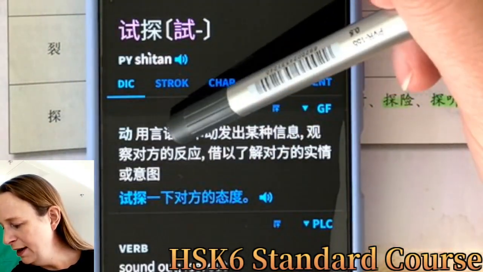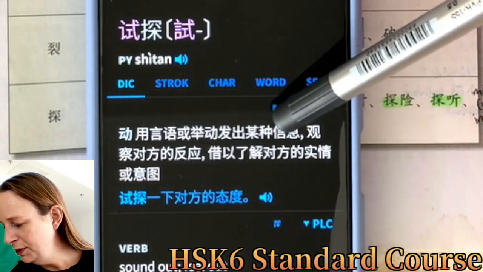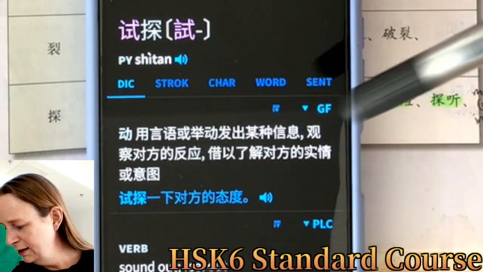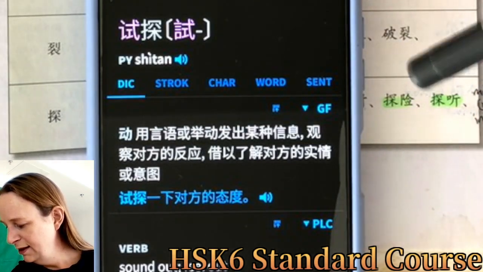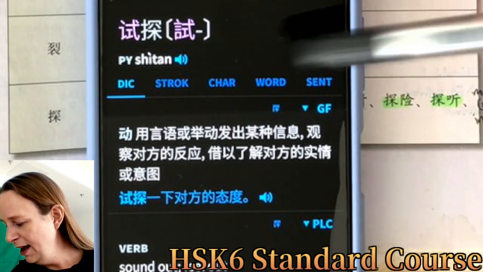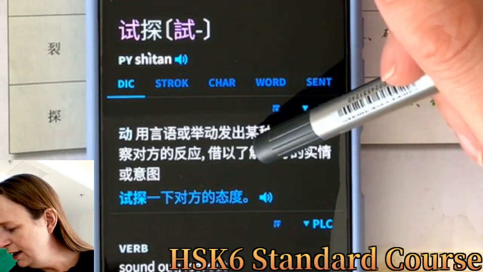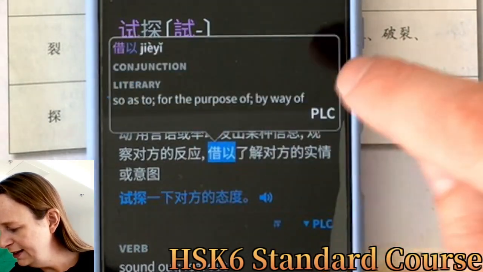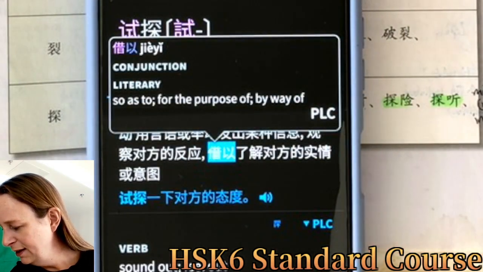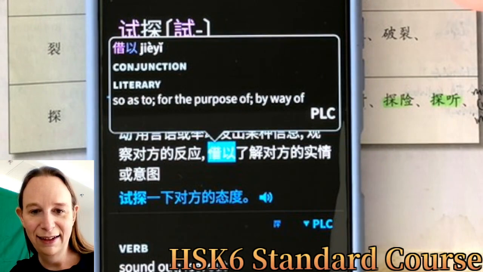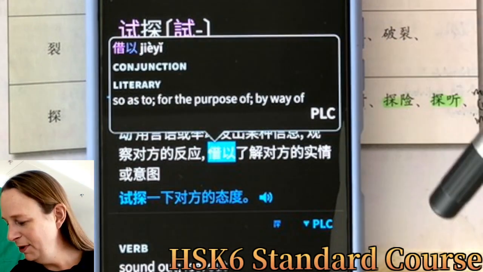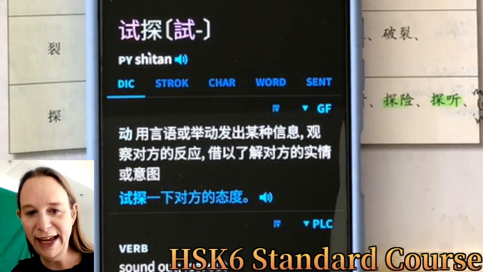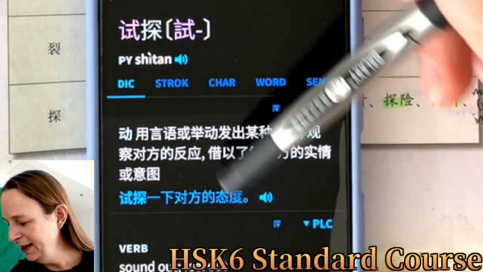Okay, 用语言或举动发出某种信息, 观察对方的反应, 借以了解对方的实情. 介意, is that a word? 介意. Okay, for the purpose of, you can just use 以, but all right, I didn't know 介意 is a word. That's interesting.